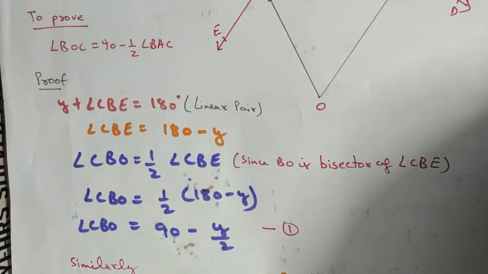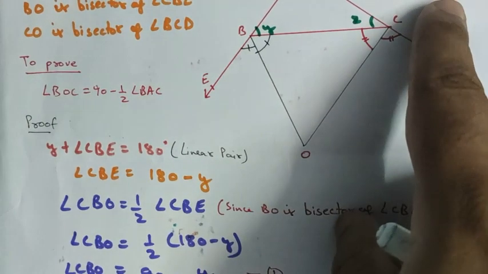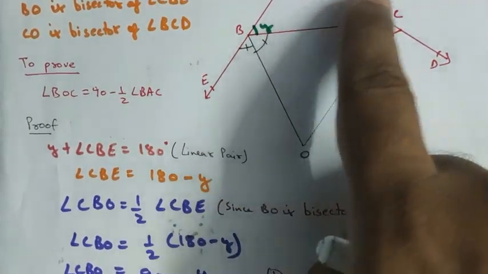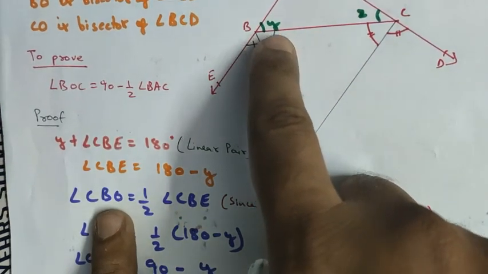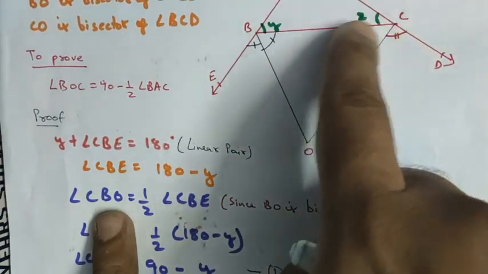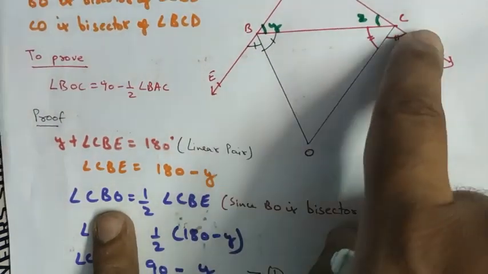Similarly, angle CBO will be half of angle CBE, because it is given that BO is the bisector of CBE.